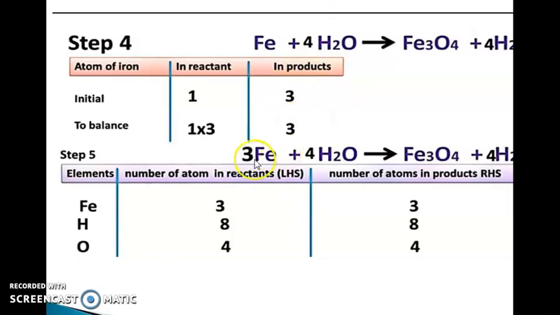So after that overall process, what we get is 3Fe plus 4H2O gives Fe3O4 plus 4H2. By doing so, we see that 3 atoms of Fe are present on the reactant side as on the product side. 8 atoms of hydrogen are present on the reactant side as well as on the product side.